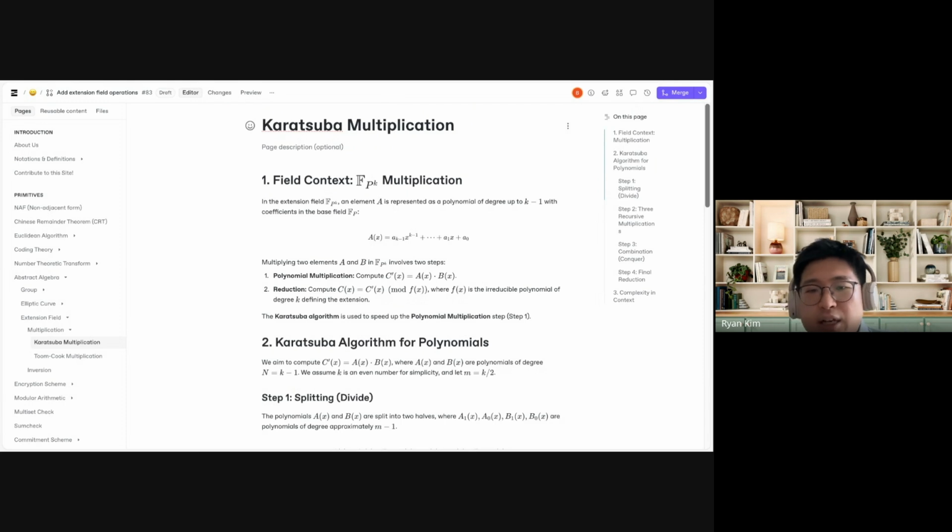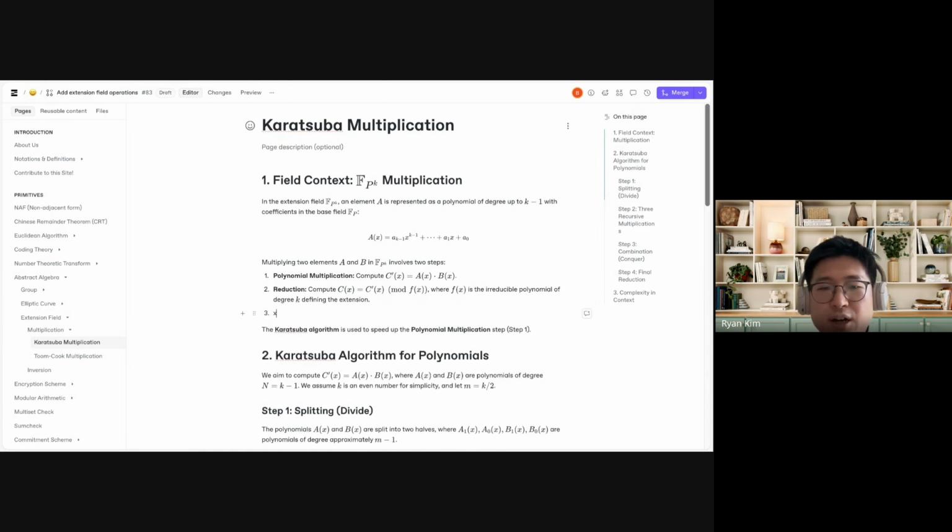In this case, f of x is typically a very simple form. For example, if it is quadratic, it will be something like this. If it is quartic, something like this. We intentionally choose the irreducible polynomial in a simple form. That's how the reduction is made very simple.